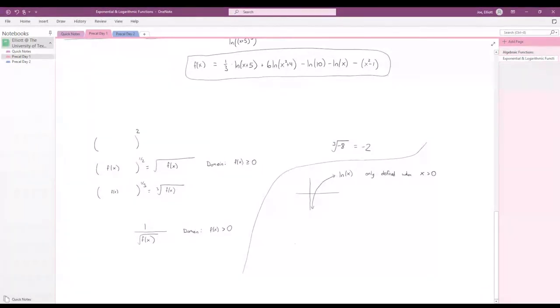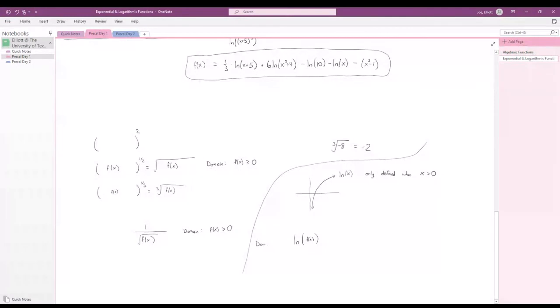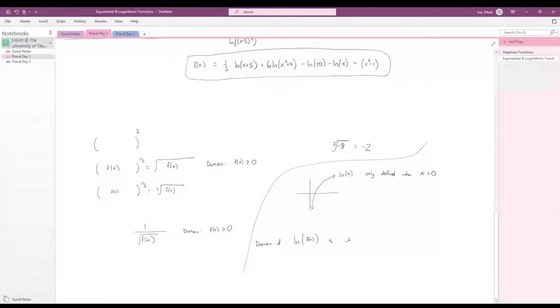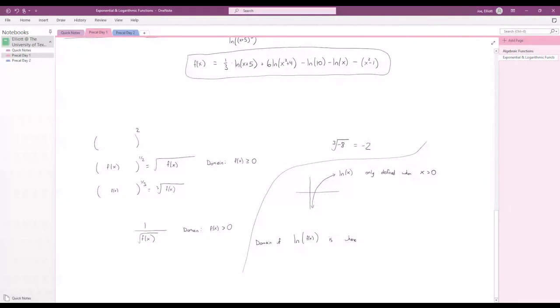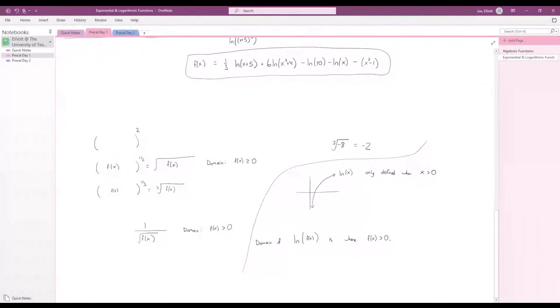So if you have natural log of some function, and you're asking what the domain of this is going to be, for natural log the inside has to be strictly positive. So here's where you'd have a strict inequality as well.